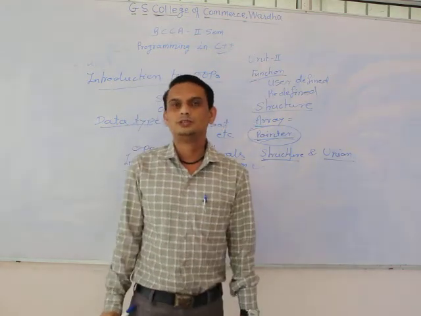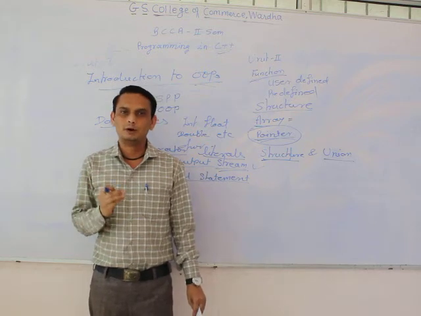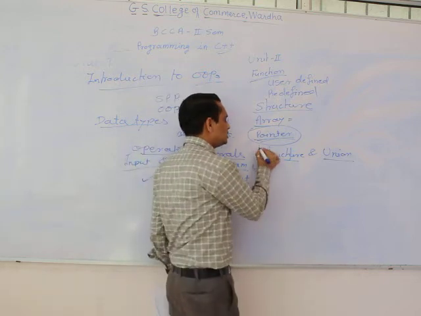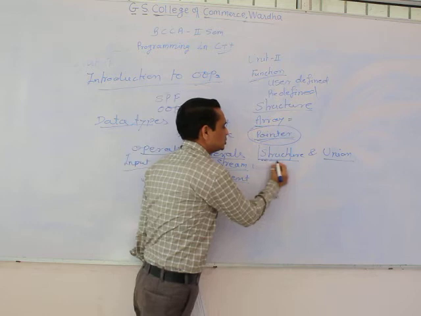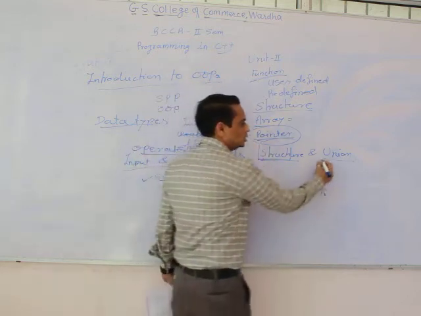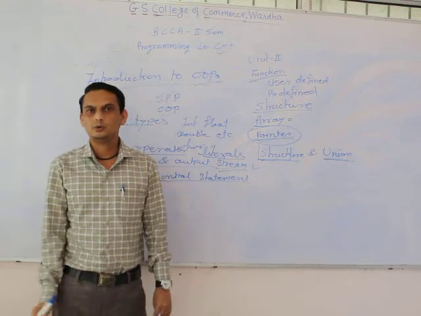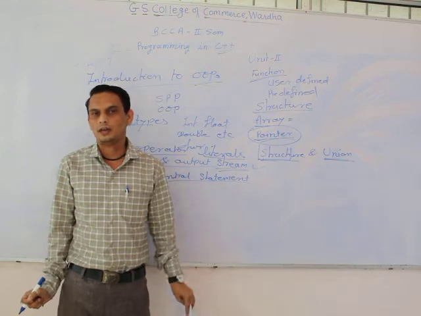Some situations arise when we need to transfer multiple types of data into a single variable. At that time we create a user-defined data type by using the structure and the union. So how we can use them in our programming, we discuss in structure and union.